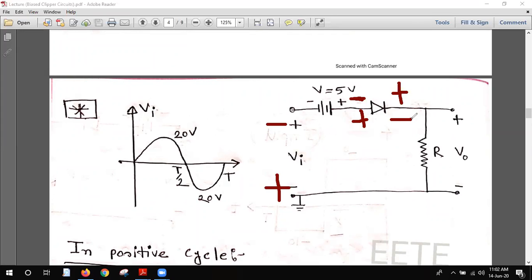So when will it be negative, when will it be positive? Basically, now you just need to draw a 5-volt line in the negative cycle. You see that when it crosses this point, and when it crosses this point, this particular zone will act as reverse biased.